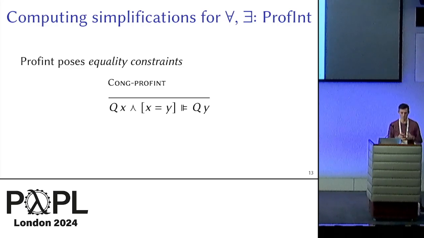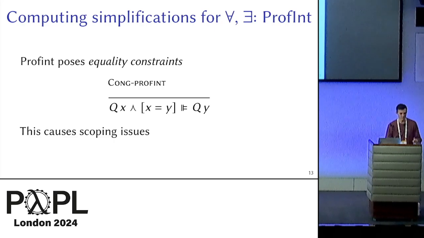It's a sound rule, but it's often not what you want. You very quickly get scoping issues. You can imagine that these x and y come from different quantifiers and that these can actually not touch. You can also imagine x and y being two totally distinct values, and then you don't want to prove that these two are equal because they're obviously not. So that's the Profint approach, and I think it's not the right one.